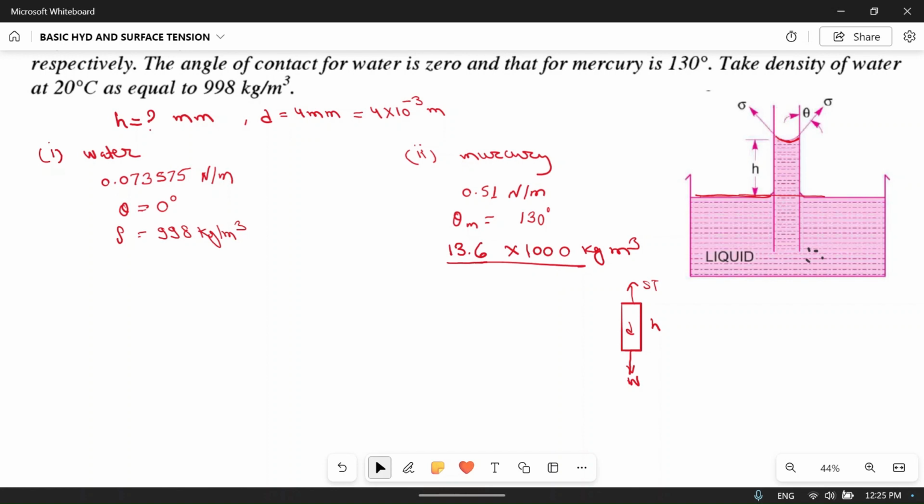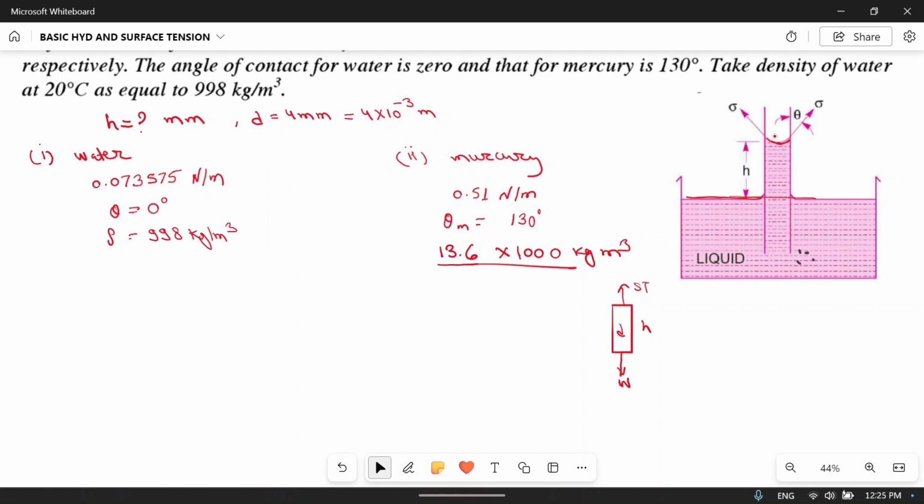Now what is the surface tension force? See, this is called the contact angle, because the liquid surface will be in curvature form. At the center it will be below, and at the surface in contact with the tube it will be like this. So surface tension will act along this direction, and this angle is called the angle of contact.